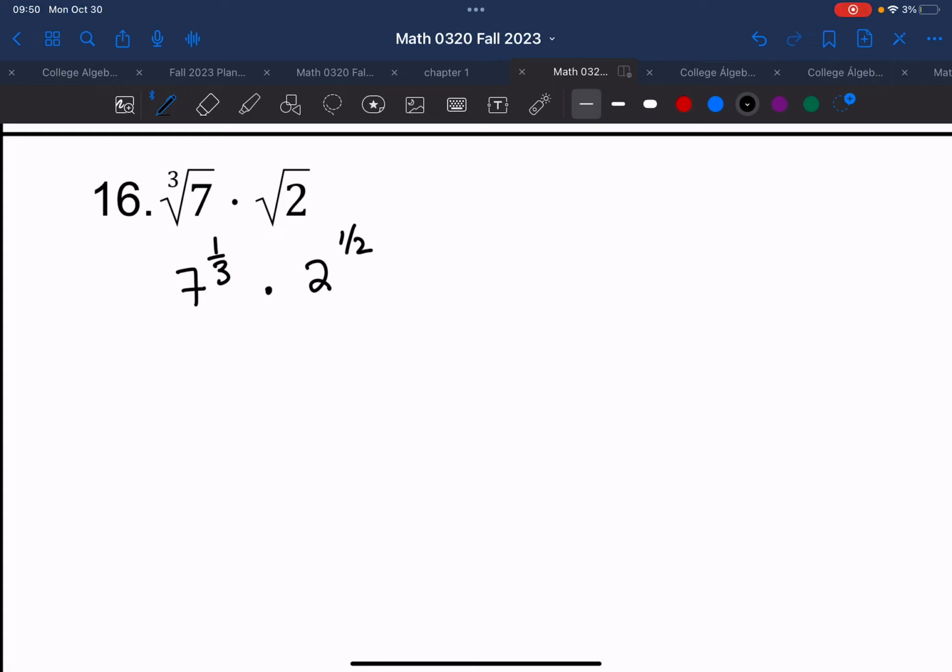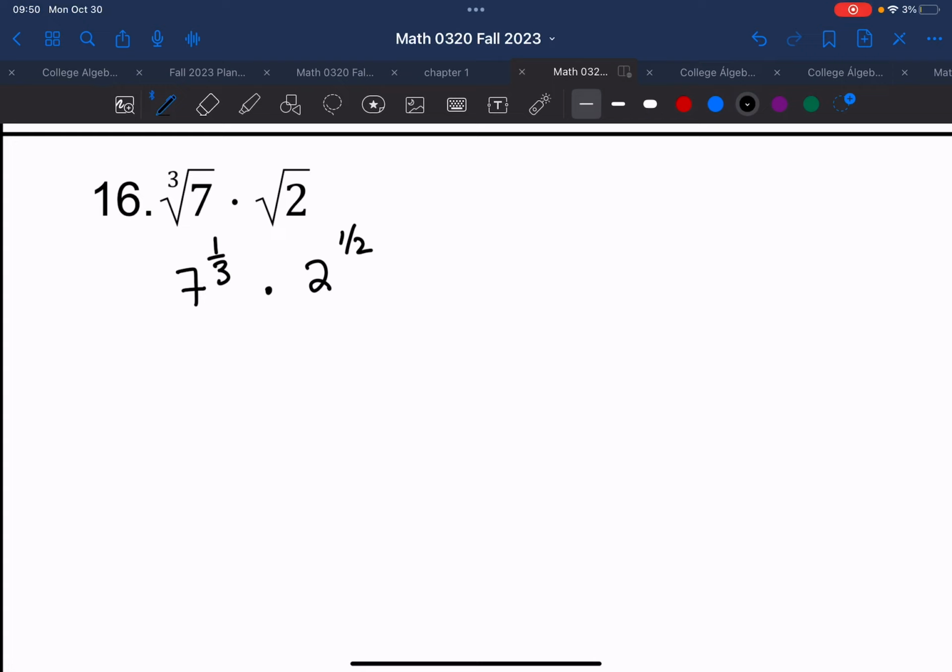Okay, what do we notice about the bases? They're not the same. So can I do the same steps as I did on 15? No, they're not the same, meaning I can't add these exponents together.